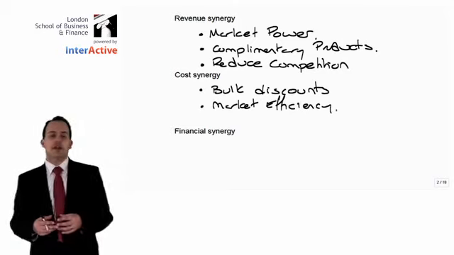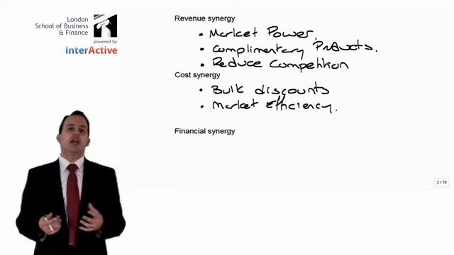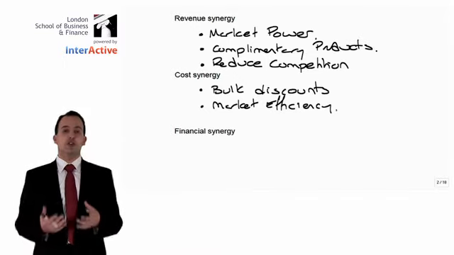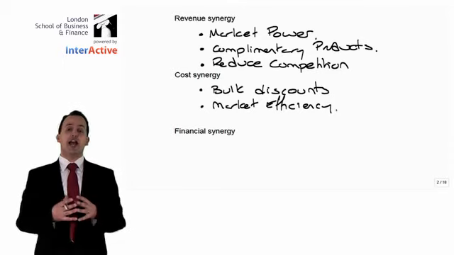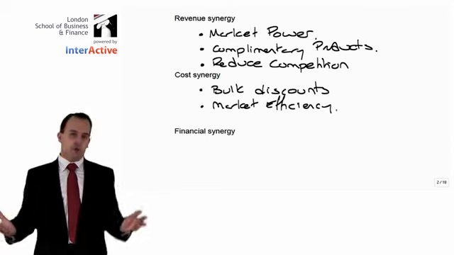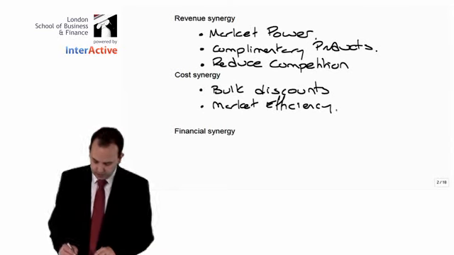You should also be able to benefit from market efficiency, in the sense that when you are advertising, you probably won't have to advertise quite as much now, simply because you can advertise as one entity as opposed to two entities doing it separately.